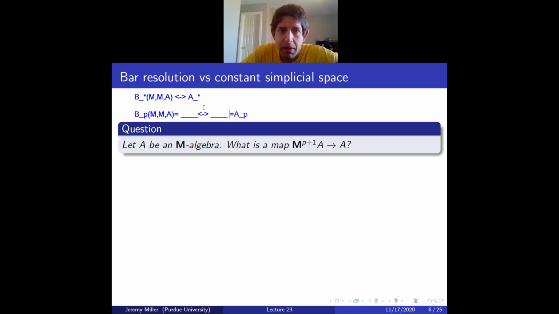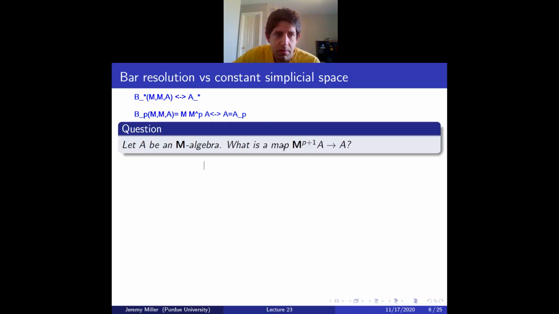Well, the p simplices of A bullet are just A, and the p simplices of this two-sided bar construction are going to be M to the p plus 1 A. Maybe it's better to think of it as M and then M to the p and then A. So to compare these two simplicial spaces, we want a map from the p simplices of here to the p simplices of there, and vice versa.